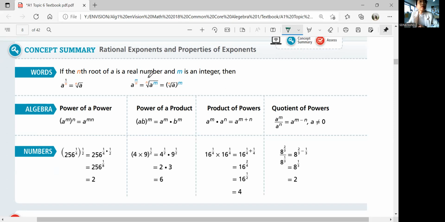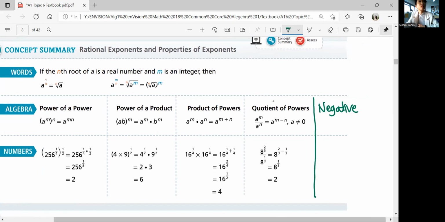Also, your negative power, I don't think there's the negative exponent rule, so I'm going to add it. The rule says that if you have base a to the power of negative m, that gives you 1 over a to the positive m power.